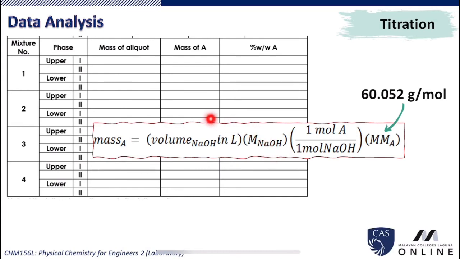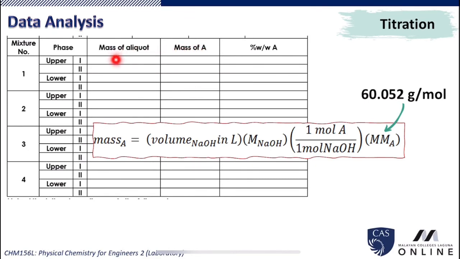So from here, you get the moles, and then you just have to get the mole ratios. 1 mole of sodium hydroxide would be equal to 1 mole of the acetic acid. So you already have the moles of acetic acid. You just have to convert that to grams using the molar mass of acetic acid, which is 60.052 grams per mole. So you already have the mass of A.